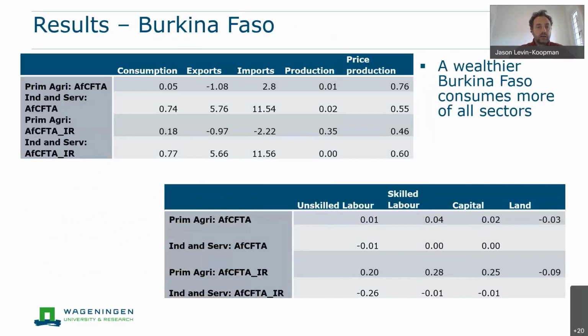Further looking at the impacts of the tariff reductions and the irrigation expansion in Burkina Faso, as I mentioned before, this leads to an increase in consumption. This is consumption volume as opposed to value. An irrigation expansion leads to further consumption volumes across the board.